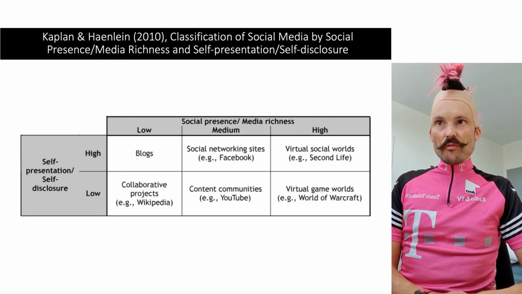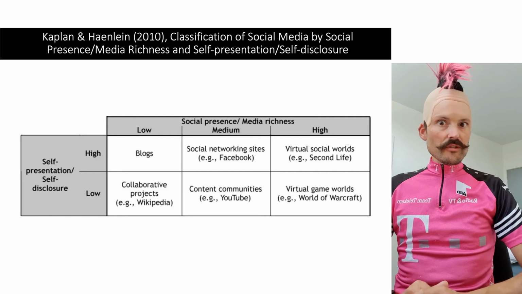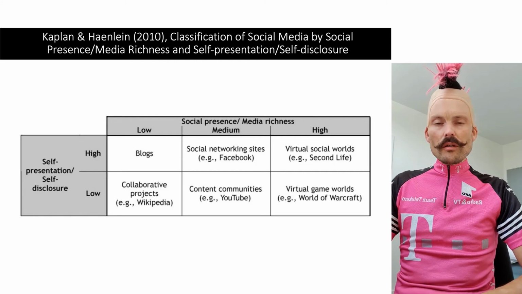While when the self-presentation or disclosure is high, then it's more about the person producing it. So in a blog, like in your personal blogs in this course, for example, who you are and your opinions become more important.